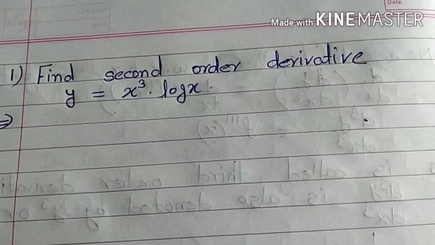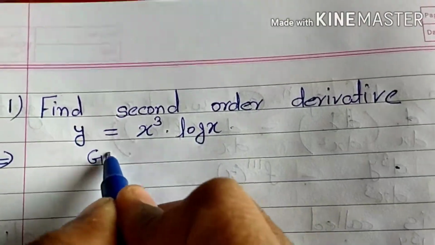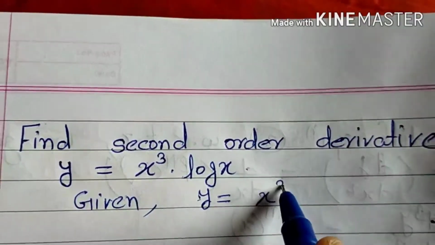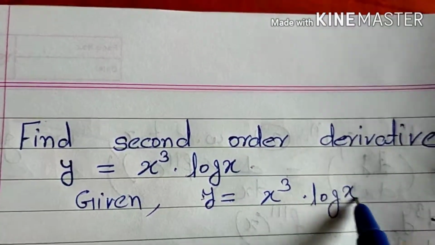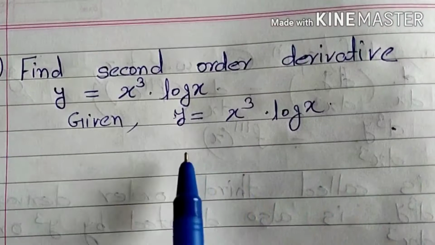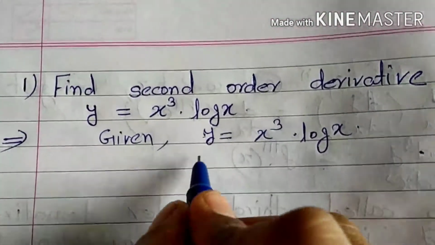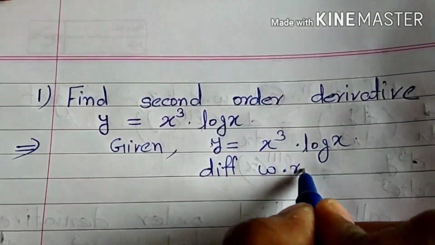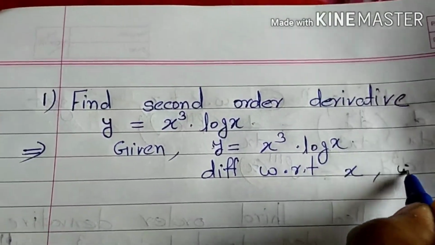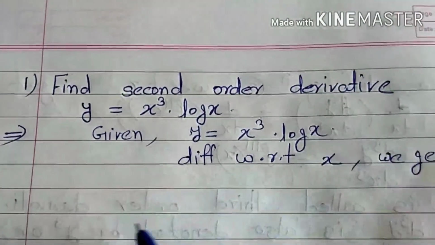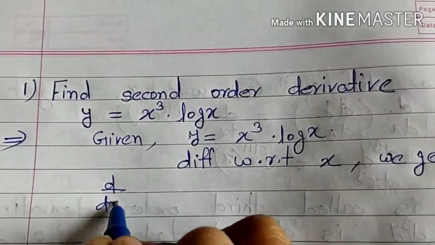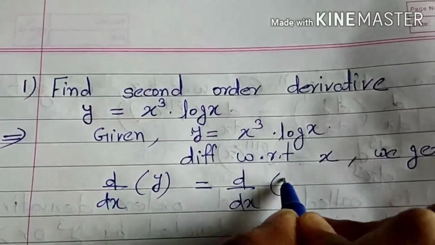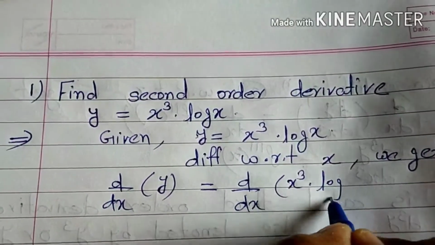So first write the given function, and differentiate this with respect to x. d by dx of y is equal to d by dx of x cube into log x.